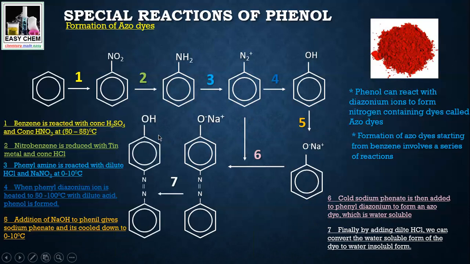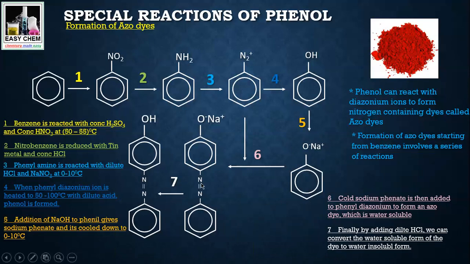Now this last product is more water insoluble. So the product of reaction 6 is a dye. The product of reaction 7 is also a dye. But the product of reaction 6 is water soluble, and that of reaction 7 is water insoluble.